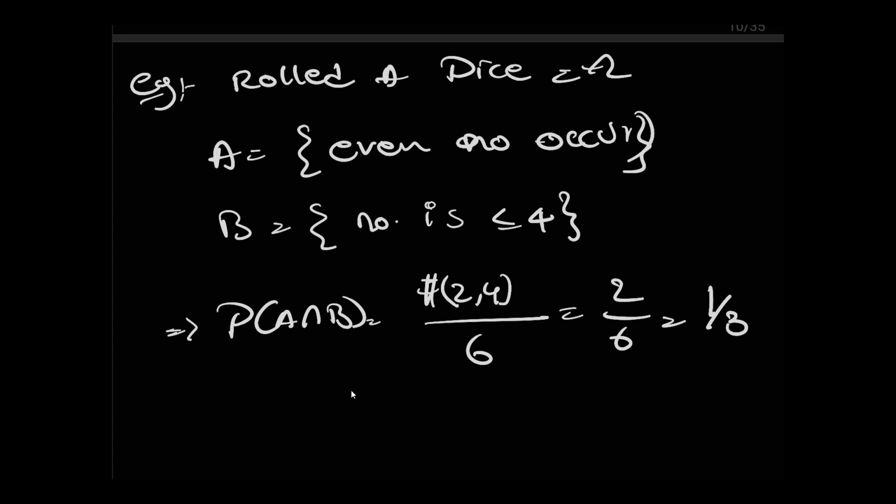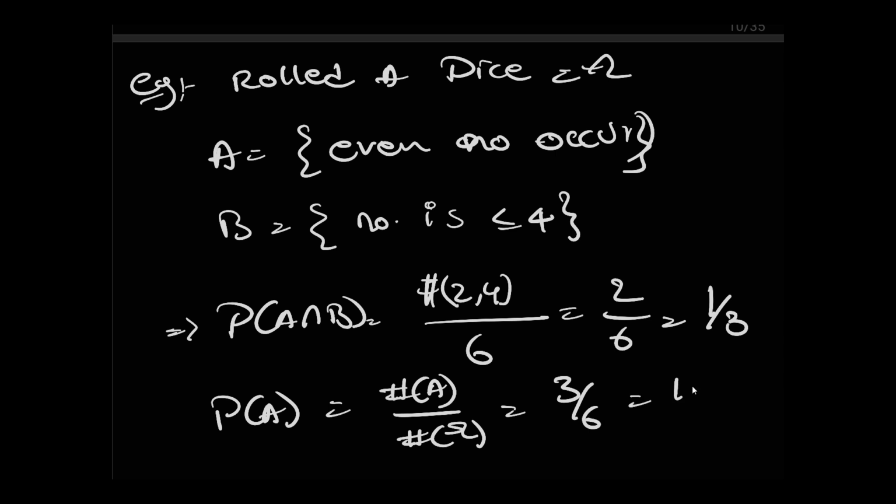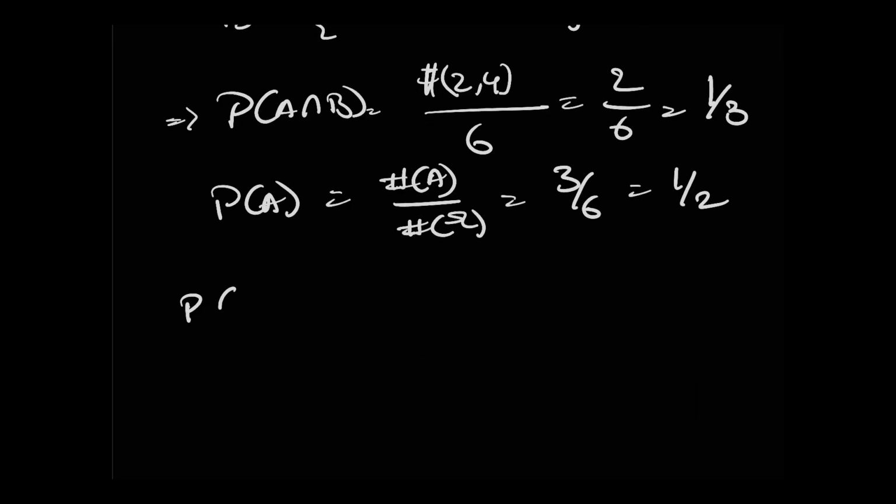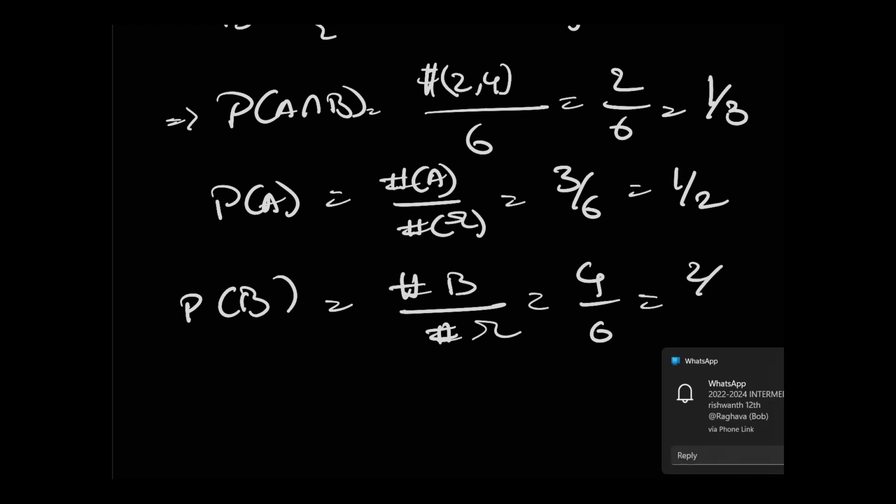Now, what is P of A? P of A equals the number of elements in A by the total number of elements, that is 3 by 6, 1 by 2. And P of B equals the total number of elements in B by the total number of elements in the sample space, that is 4 by 6, that is 2 by 3.